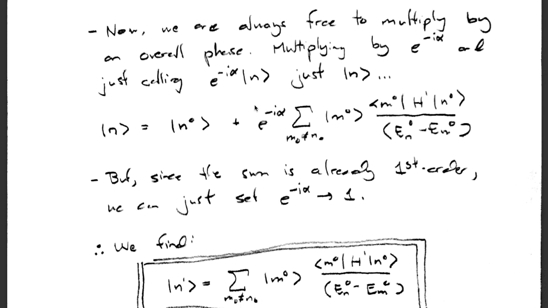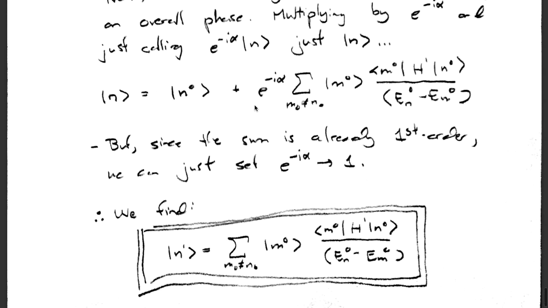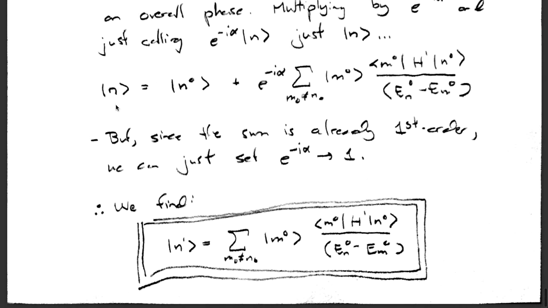And so what that tells me, finally, is that n1, if you think about the way we wrote down the full n up to first order, was n equal to n naught plus n1.